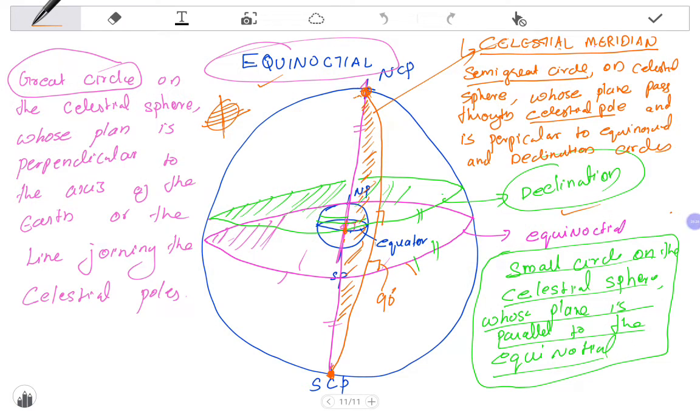The next topic we will discuss is declination. Similar to longitude and latitude on the Earth's surface, in the celestial sphere we use the term declination.